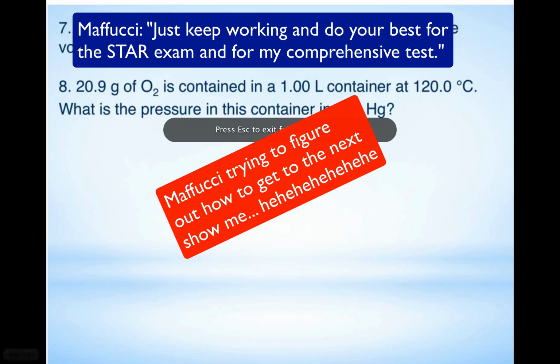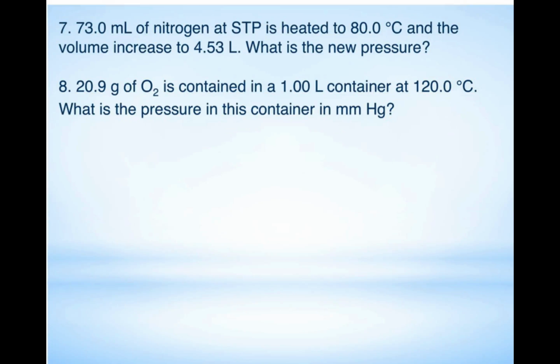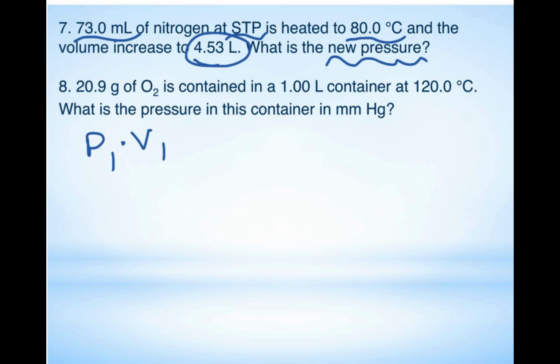Problem number 7. I have 73 milliliters of nitrogen gas at STP heated to 80 degrees Celsius, and the volume increases to 4.53 liters. What's the new pressure? In this problem, we're going to use the combined law because we're changing pressure, volume, and temperature.